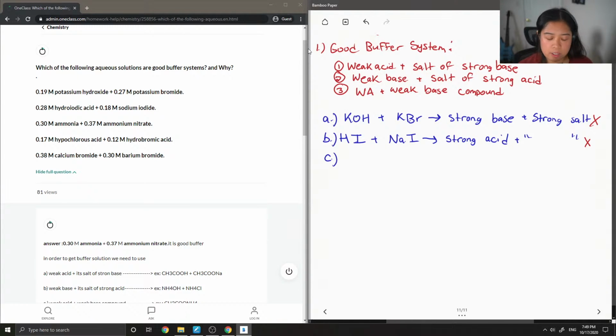Okay, so next we have ammonia, which is NH3, plus ammonium nitrate. So this is NH4 and then NO3. The ammonia is an example of a weak base.